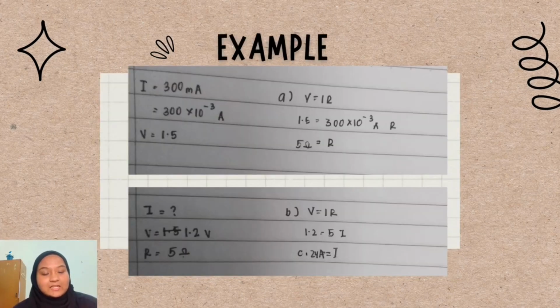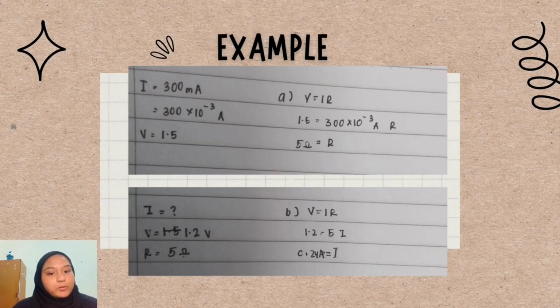For question A, the I given is 300 milliampere. To get ampere, we need to multiply 300 with 10 to the power of negative 3. Next, the V given is 1.5. So we can use the formula V equals IR.